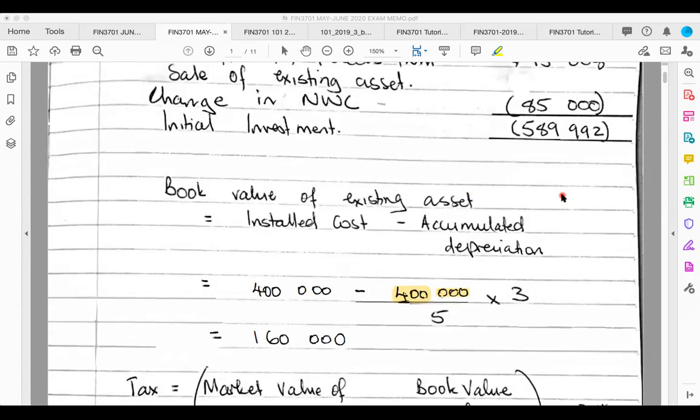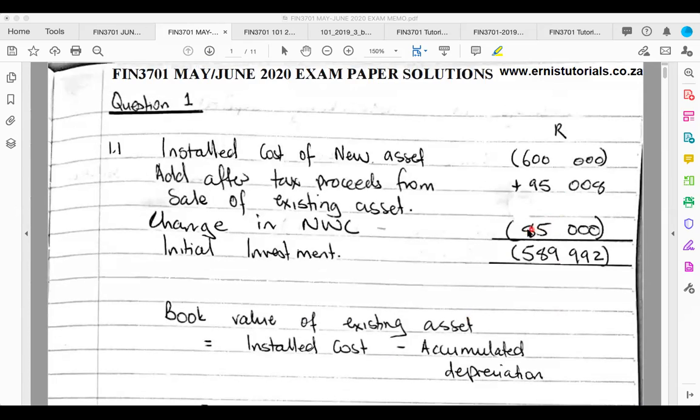However, if we had actually had a change in net working capital, which resulted in money coming in, meaning that we had more, the change in current liabilities was more than the change in current assets, then this amount would have been a positive, meaning cash came in to reduce the initial investment.